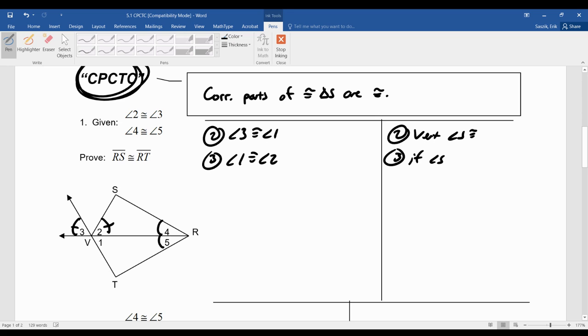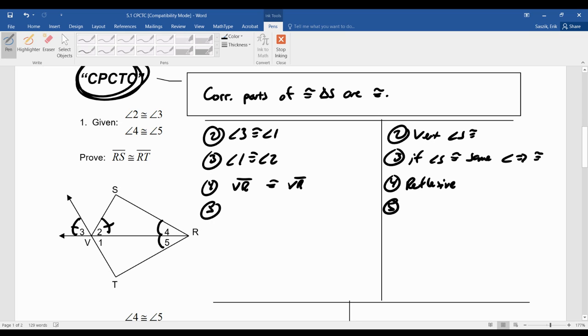Because if angles are congruent to the same angle, then they are congruent. And of course, we have a reflexive step in here. Now remember, what's going to be different now is you got to make sure that you match up these triangles correctly, because the last step isn't triangles. The last step is often going to be CPCTC.